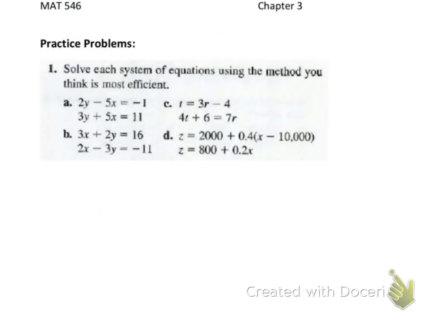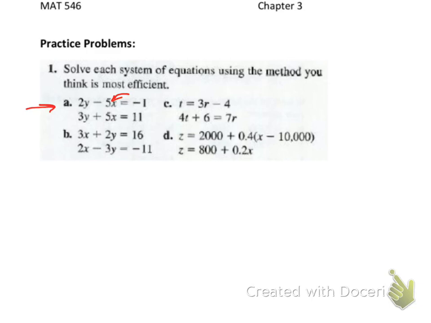Okay, so here we have some practice problems, and it says solve each system of equations using the method you think is most efficient. So let me tell you which method I think could be most efficient for some of these. For example, A, since I see that I have different signs for negative 5x and positive 5x, I would add those together and use elimination to solve that system.